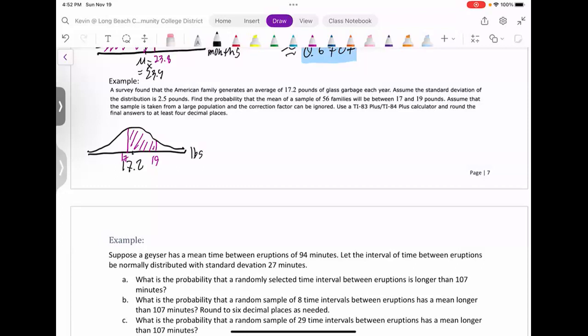So we're just going to change our standard deviation. So normal CDF, start at 17, go up to 19. Our mean is 17.2. And our standard deviation, again, is going to be 2.5 divided by the square root of the 56 families.